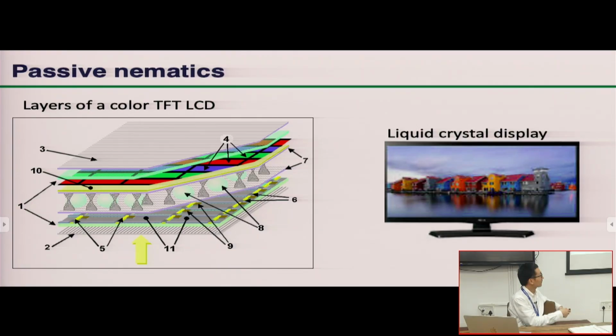When you apply voltage, you can bias their orientation. That influences how light is transmitted through the layer, and that changes what's displayed on the monitor. So that's how a liquid crystal display works. Now I want to think about active nematics, where in addition to their behavior in the passive system, we add activity and try to understand what happens with those systems.